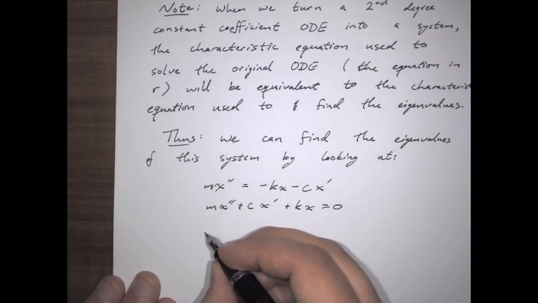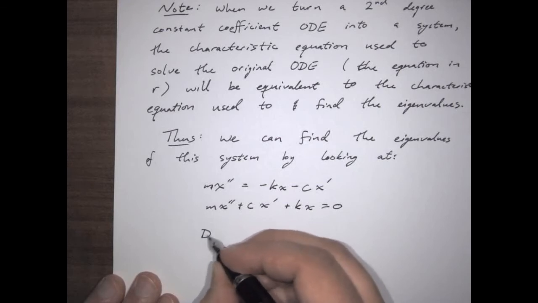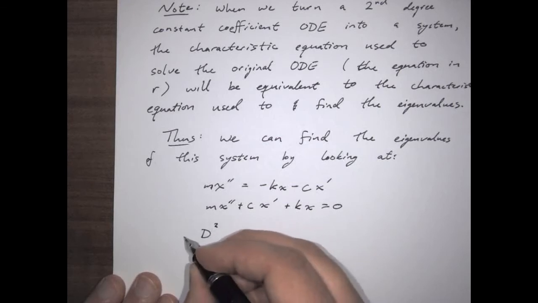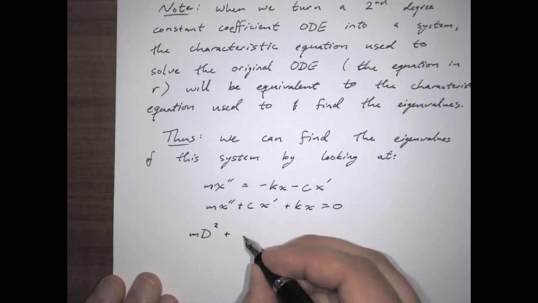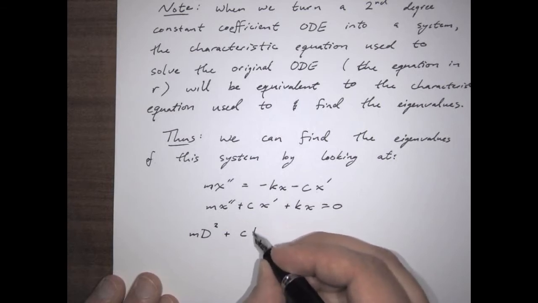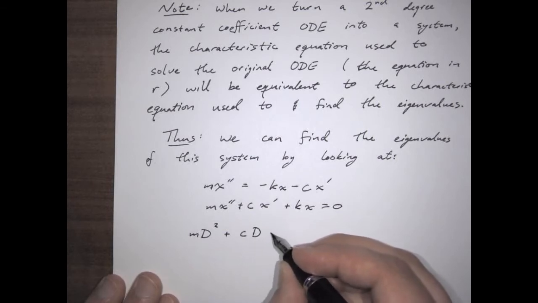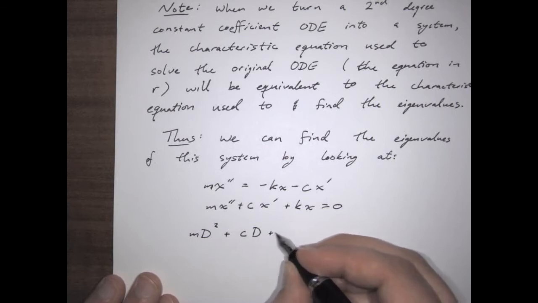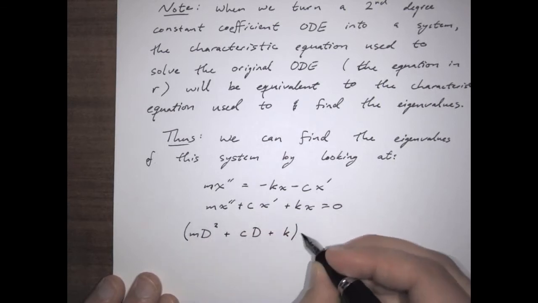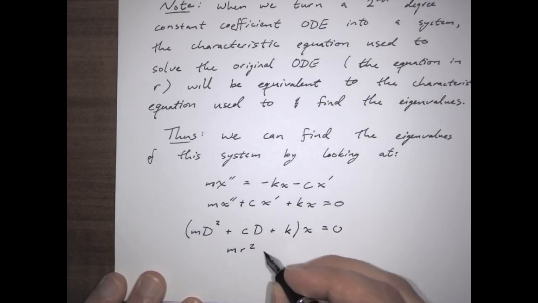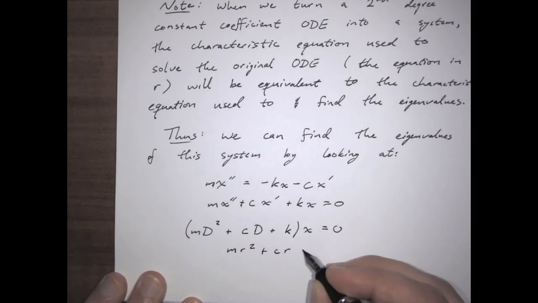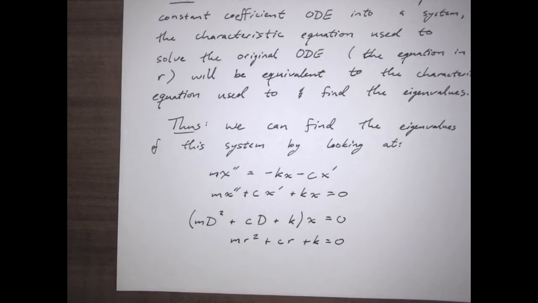But then this is the same as the second derivative of x times m plus the first derivative of x times c plus just k applied to x. And that means m r squared plus c r plus k equals 0. So just changing it from the differential operator.